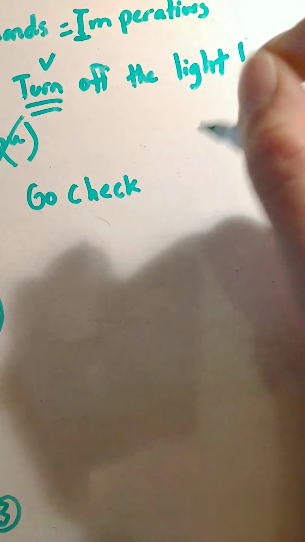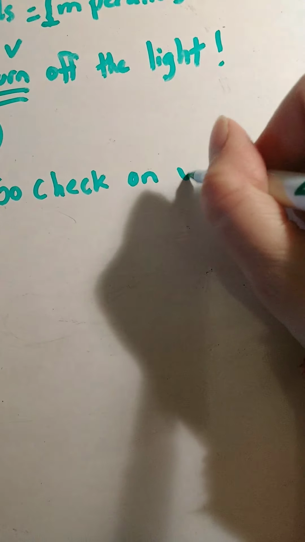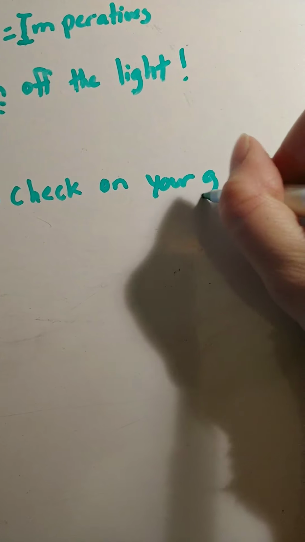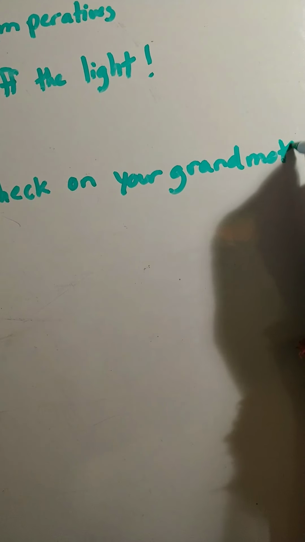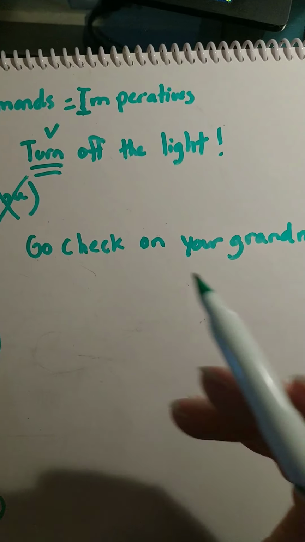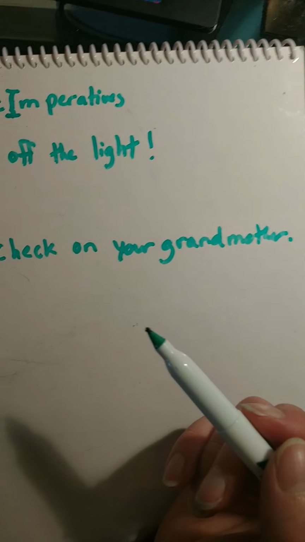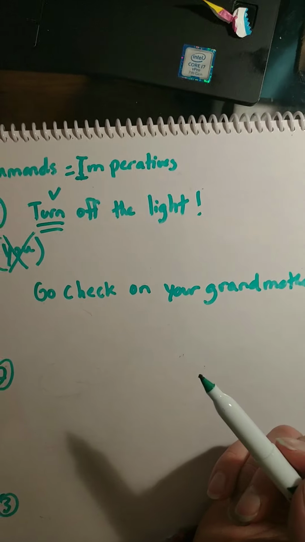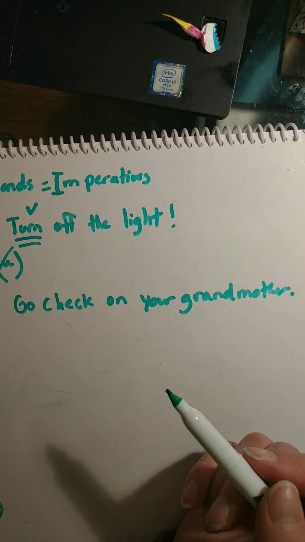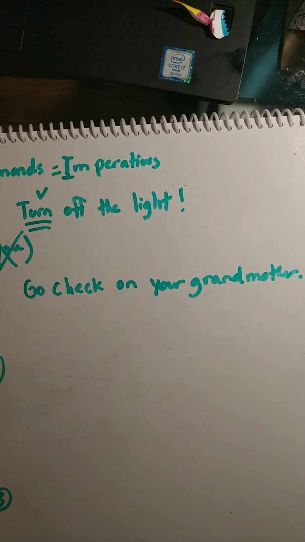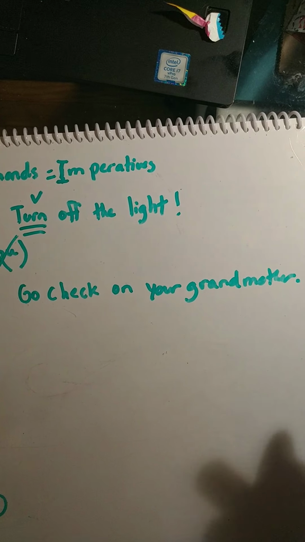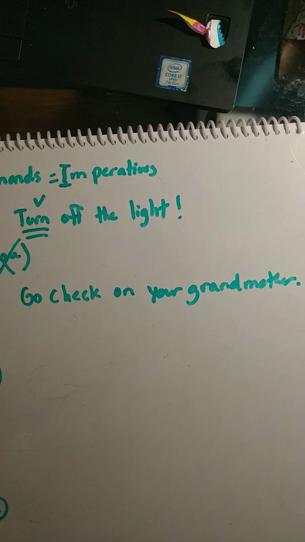Go check on your grandmother. Let's say you're at home and your mother is finished cooking dinner and she asks you to do this. This is also a command asking you to do something.